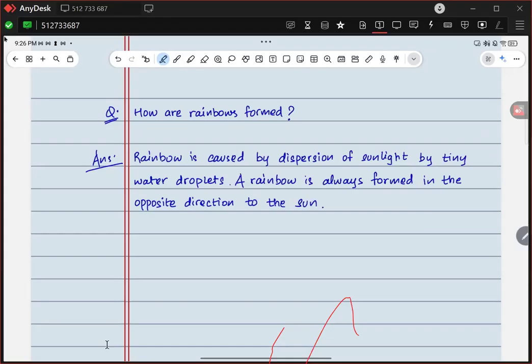Okay, the water droplets act like a prism.